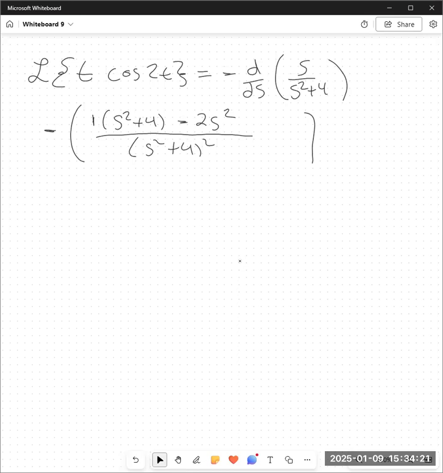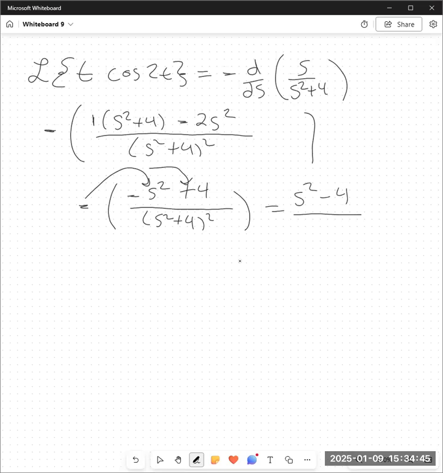My quotient rule. It's going to be negative s squared plus 4 minus 2s squared over s squared plus 4 quantity squared. Distribute this negative over the numerator, and we get s squared minus 4 over quantity s squared plus 4 squared.